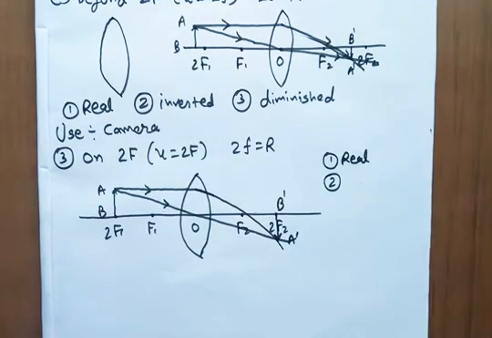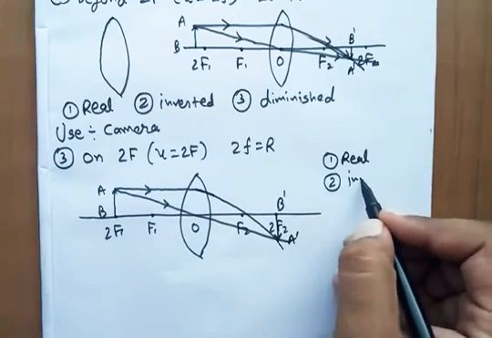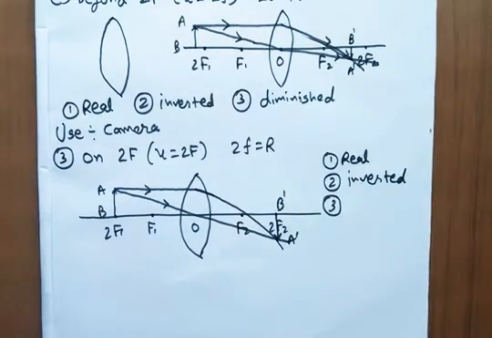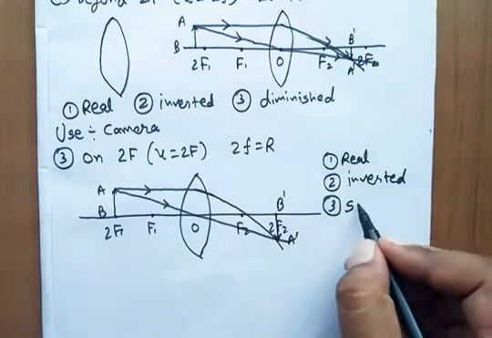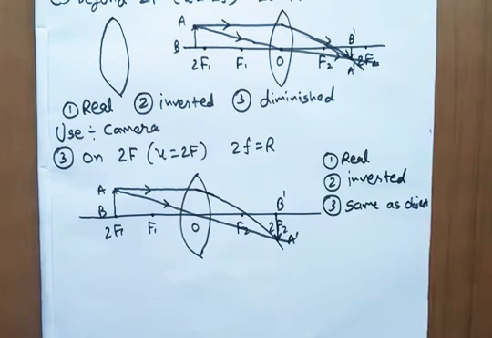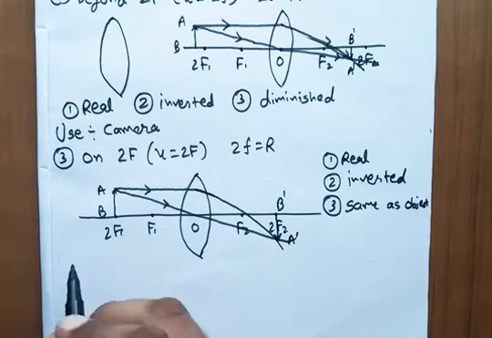Okay. Second, the image will be inverted. Yes, it will be inverted. And third, the size of the image will be the same as the object. So here the size will remain the same. Clear? Okay.